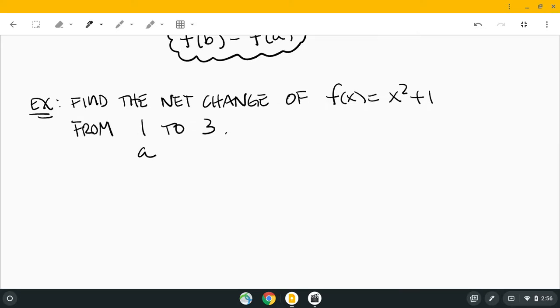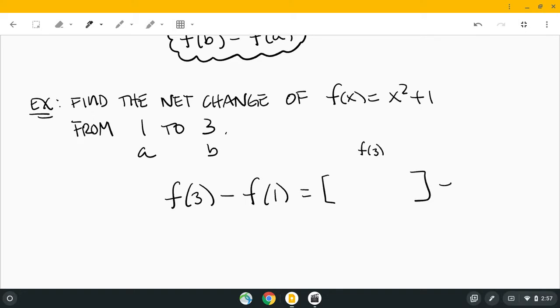So this is our a, this is our b. So it's f of 3 minus f of 1. Make sure you go in the correct order. Okay, so we'll do f of 3 in here minus, and then the answer to f of 1 in here.